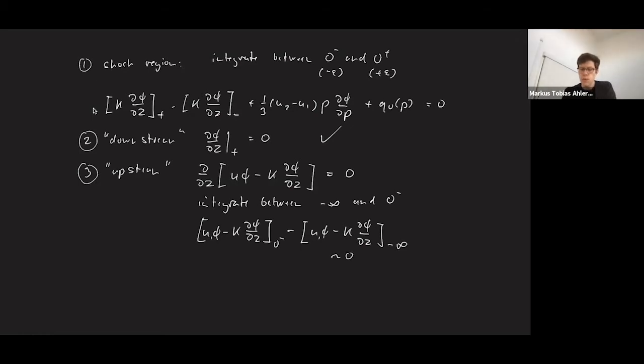So this is going to be equal to 0. And that means that in the vicinity of the shock, just below the shock, we get the condition that K del phi del z at 0 minus is equal to u1 phi 0. And phi 0 here is going to be the cosmic ray distribution in the vicinity of the shock.